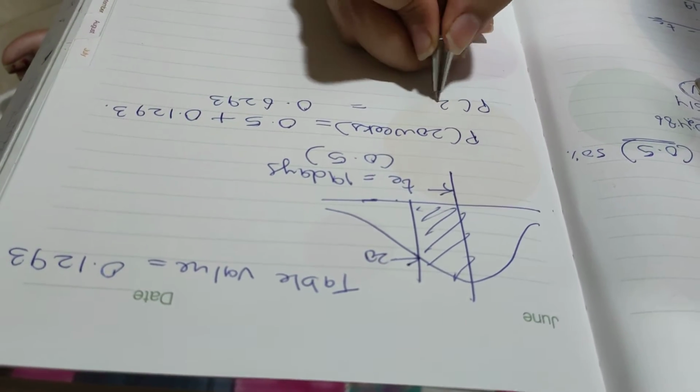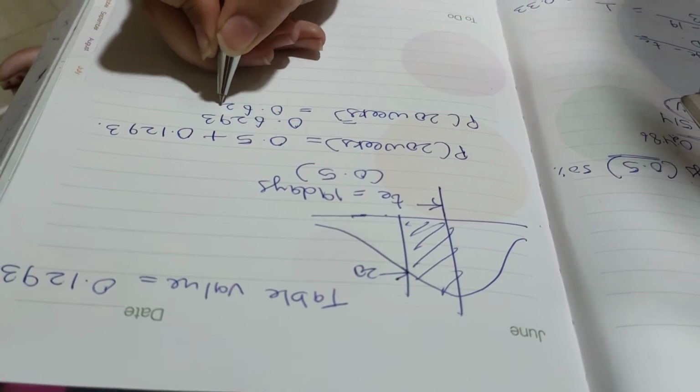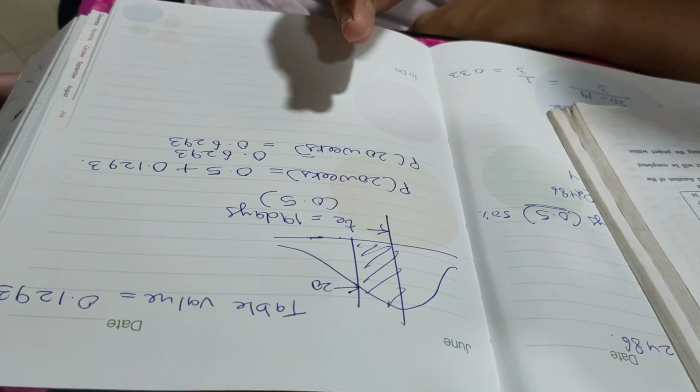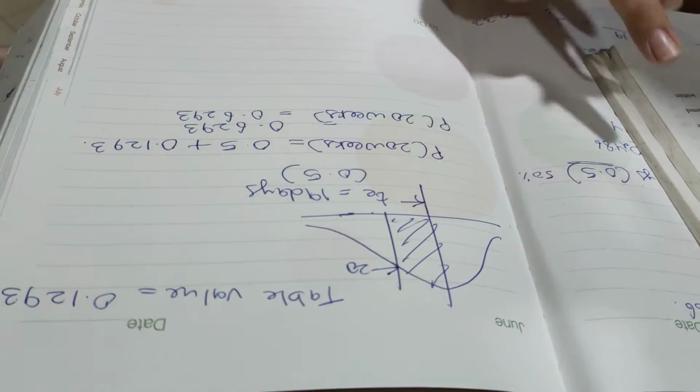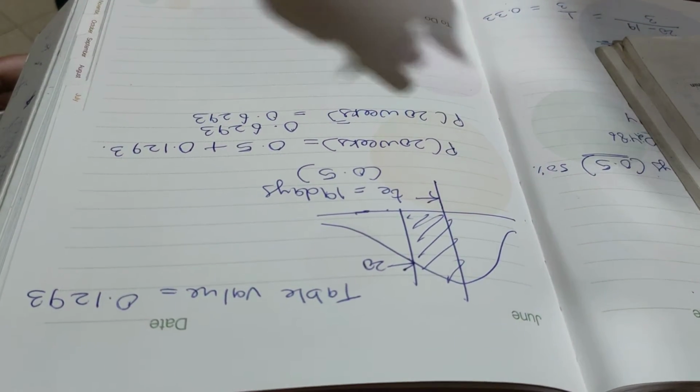So probability of 20 weeks is 0.6293, but the question asked is, what is the probability that the project will not be completed in 20 weeks? This means we have to calculate the probability that the project is not getting completed in 20 weeks. For that, first we have calculated the probability that the project will complete in 20 weeks.